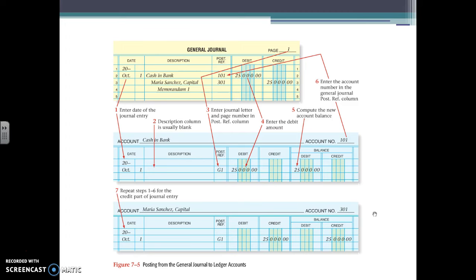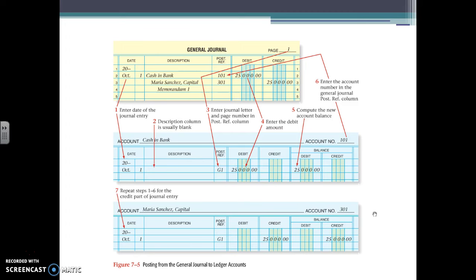One last thing with the Cash and Bank posting is to post reference the journal back to the ledger. So Cash and Bank post reference is going to be posted to account number 101, which is the Cash and Bank account number. Then we will move on to the posting for Maria Sanchez Capital.